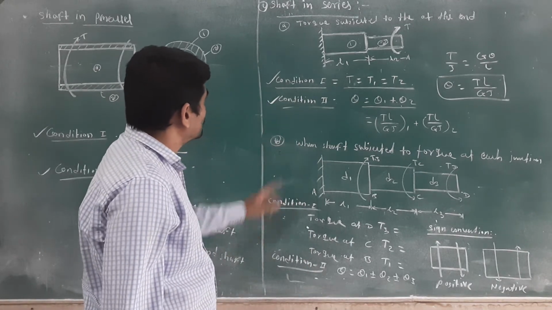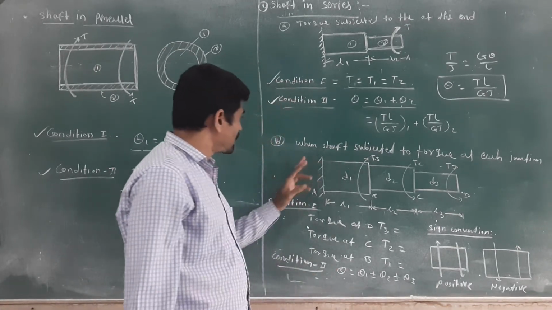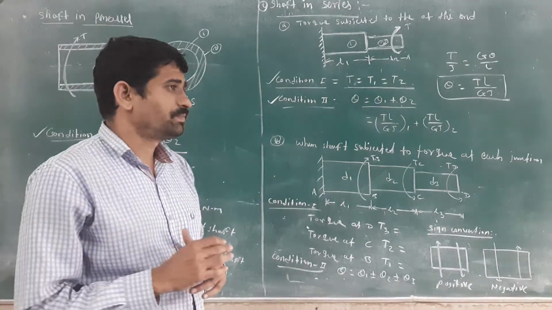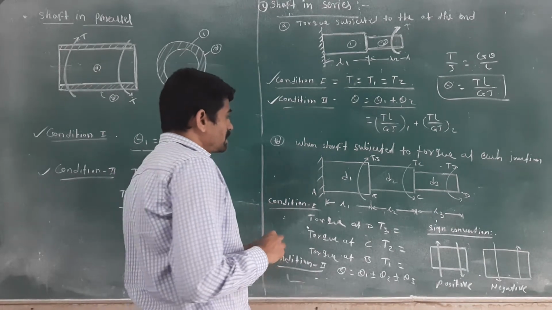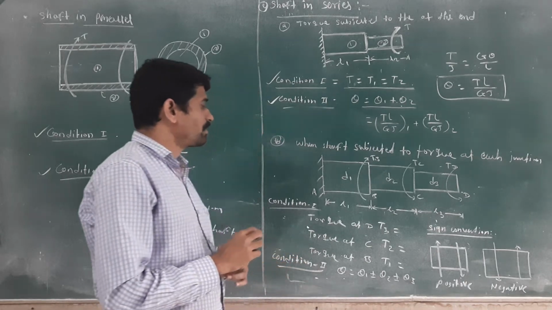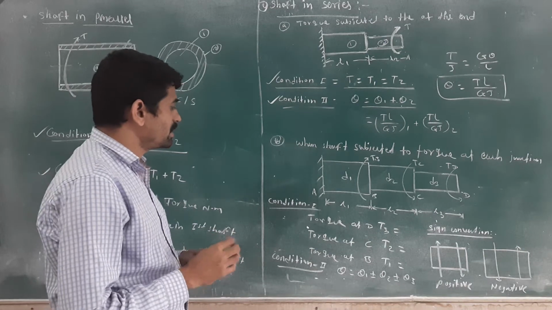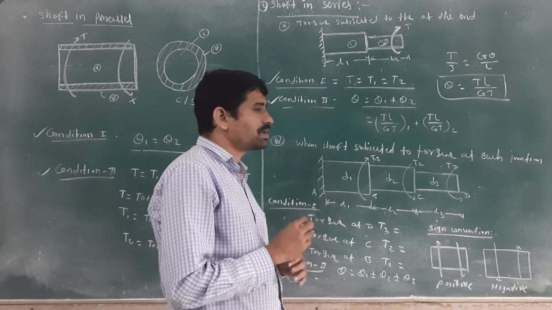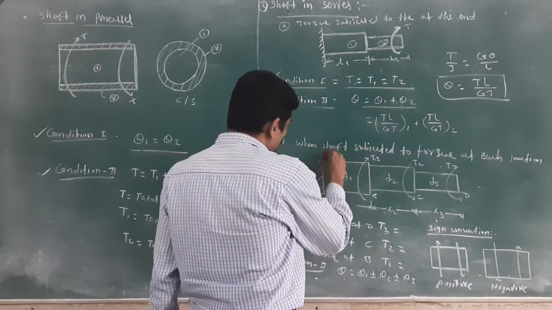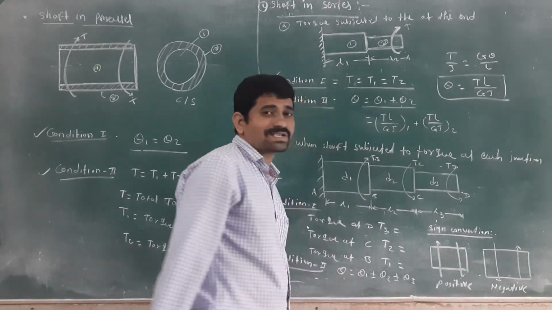Check that. In the first condition, the shaft is subjected to the torque at the end. But in the second condition, if you are given a number of shafts and a torque is applied on those shafts, then how do we find the torque on each shaft? Also, we want to find the angle of twist on each shaft. Here I have considered the shaft subjected to a torque at each junction.